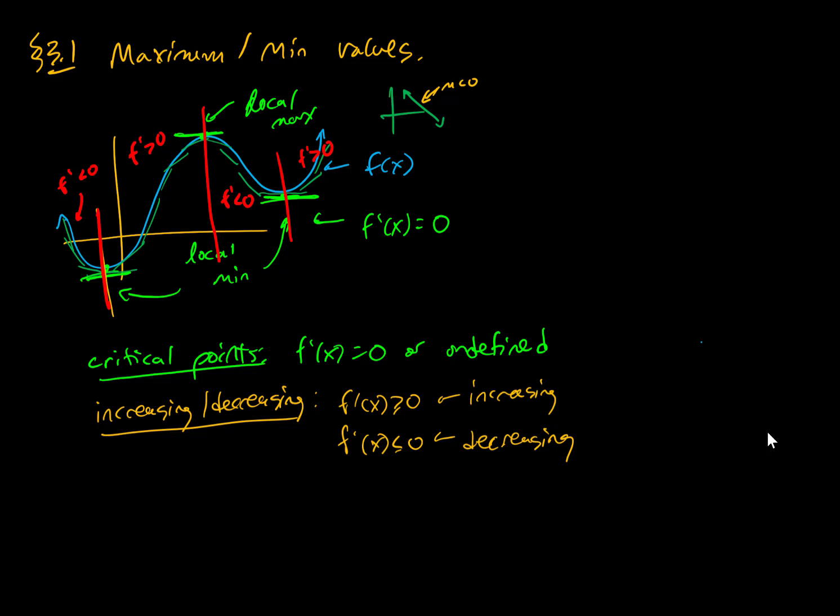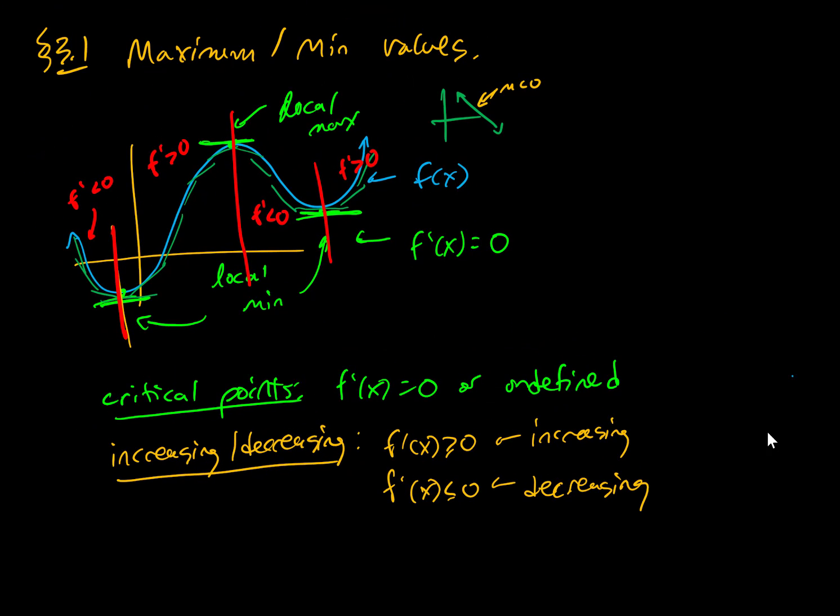So if my tangent line has a negative slope, the derivative is negative, which means that my graph is actually going down. Now, what I covered here is actually not in section 3.1 in the book, but understanding this is kind of the key point of chapter 3. If you get these ideas, the rest of it's pretty simple.